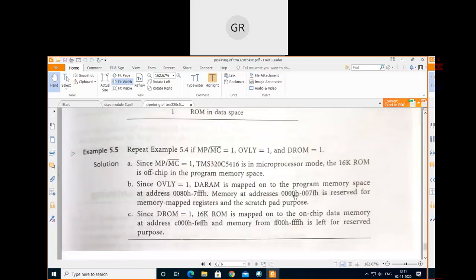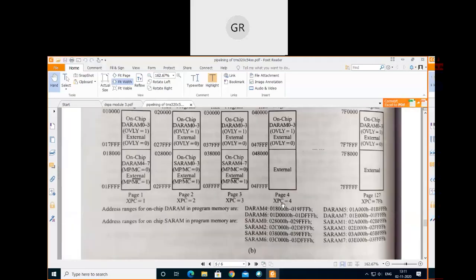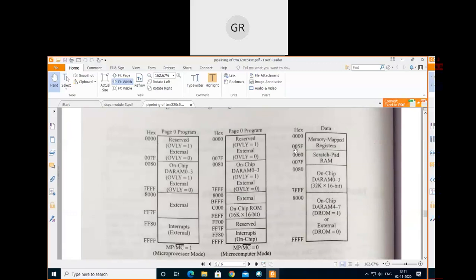Memory at addresses 0000H to 007FH is reserved for memory map registers and scratchpad RAM.